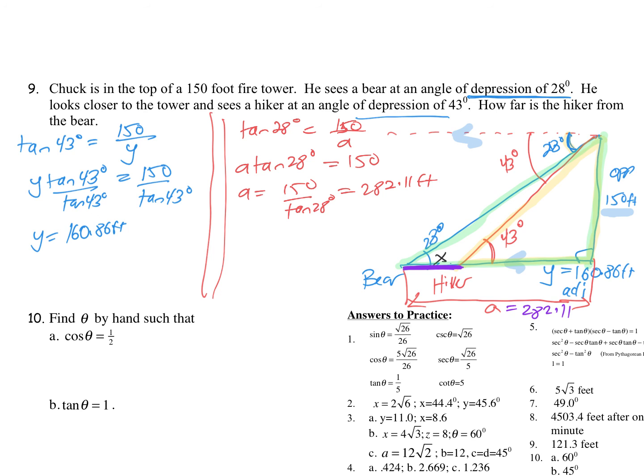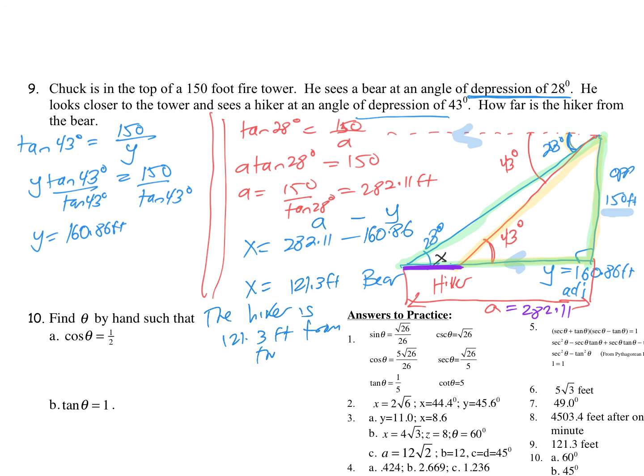So the distance that we want to know is X, which is equal to the length of the whole base, 282.11, minus the length of Y, which is the length on the smaller triangle, 160.86. So in terms of our lengths before, this was A minus Y. We'll find that X is 121.3 feet. So the hiker is 121.3 feet from the bear.